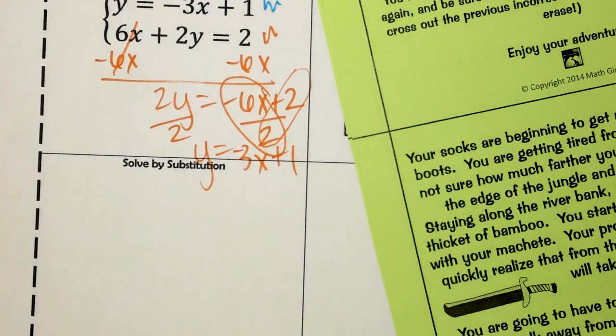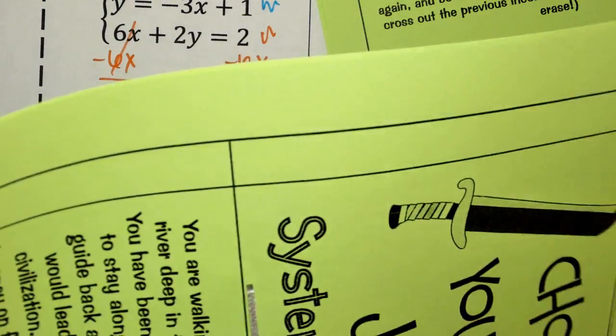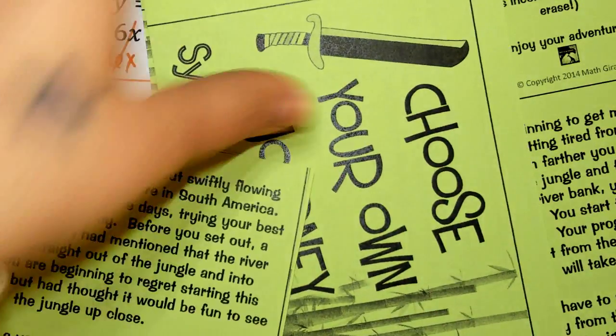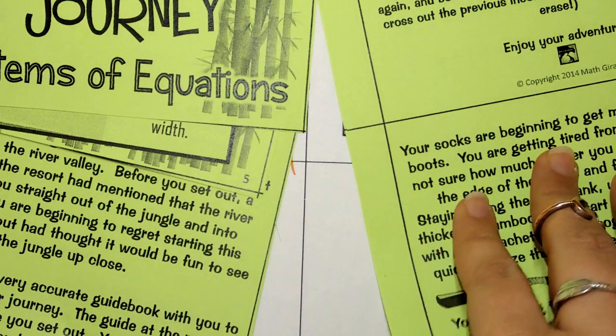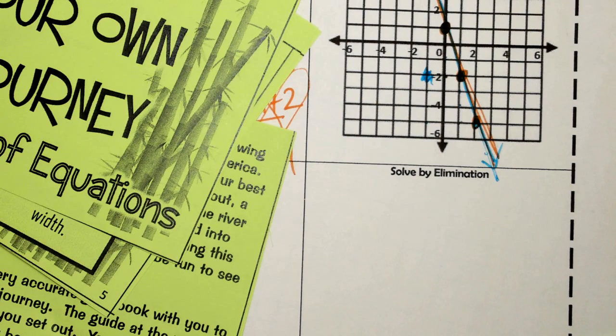Then I'm going to cut on this line right here. So I have squares. Now, do you see in the bottom right-hand corner how we have page numbers? You're going to have to put this in page number order. It is. It's a book.